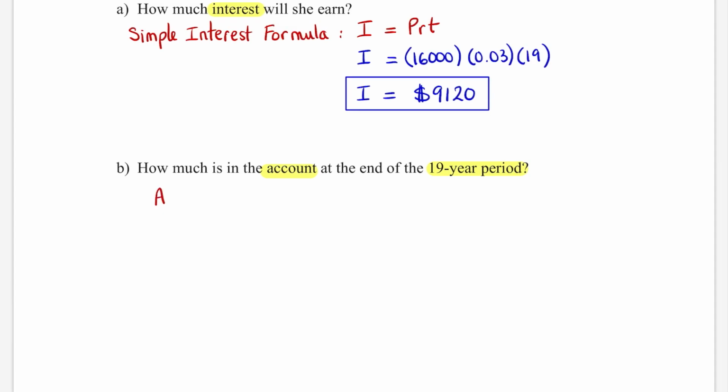I'll use the formula A equals P plus I. A stands for the total amount I have in the account. P stands for the principal, which is the original amount of money that I have. I stands for the interest. So I have A equals 16,000 plus 9,120, which is $25,120.